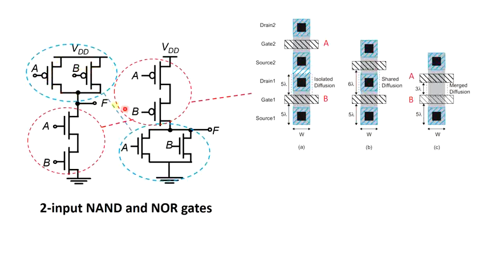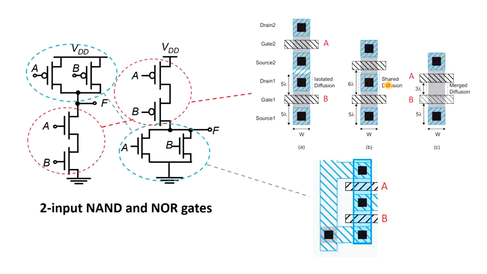Here two parallel PMOS and here two parallel NMOS. It's not difficult, same as this. Here also we will use one single diffusion, right? And we will use two gate contacts, these polysilicon gates, gate A and gate B. For this case, this drain and this drain are shorted, so we can use this type of shared diffusion for this, right?